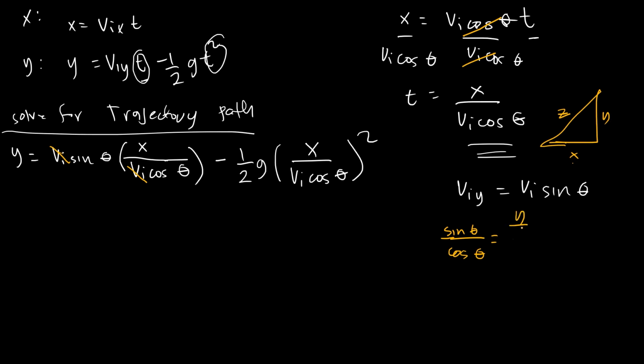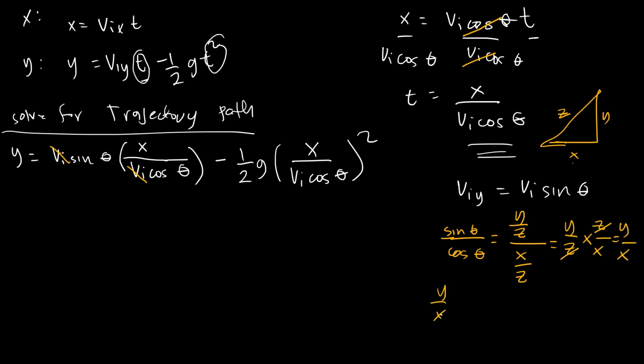So opposite over z, divided by, for cosine, adjacent divided by hypotenuse over z. So this is equal to y over z times the reciprocal of x over z, which is z over x, and the z cancels out. So this becomes y over x.